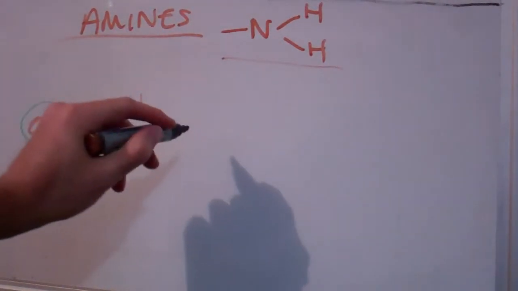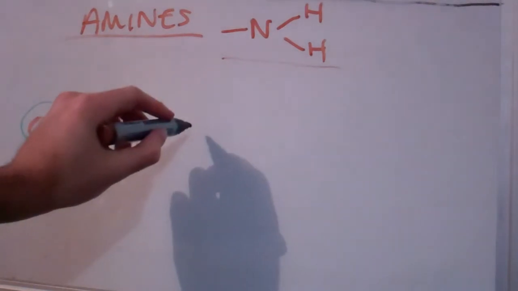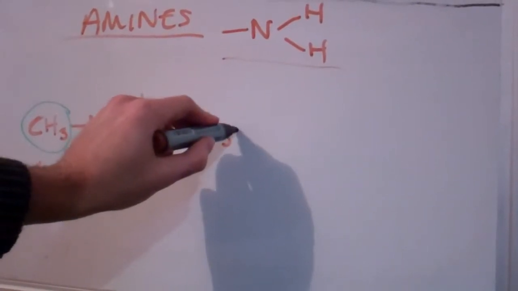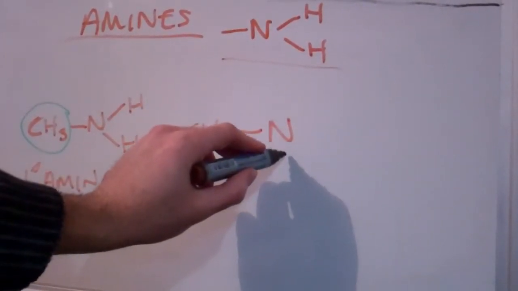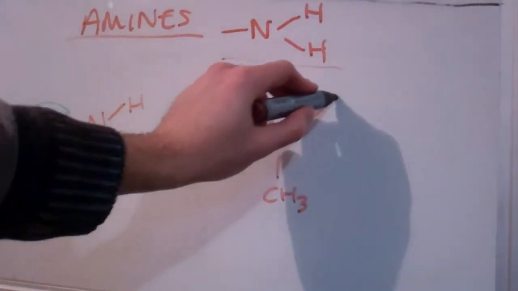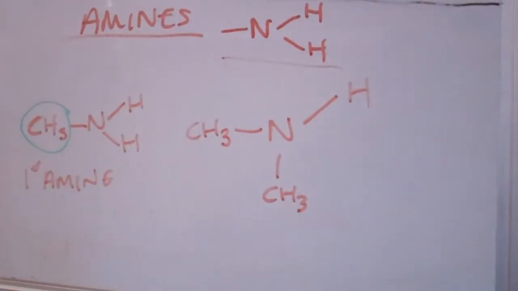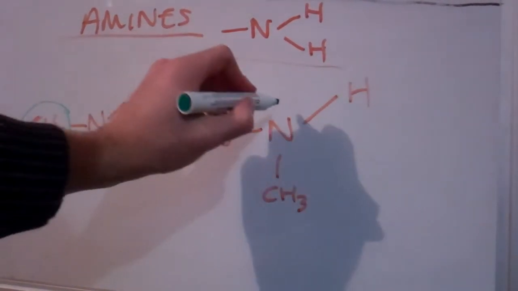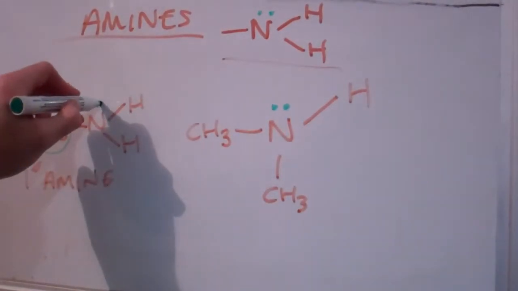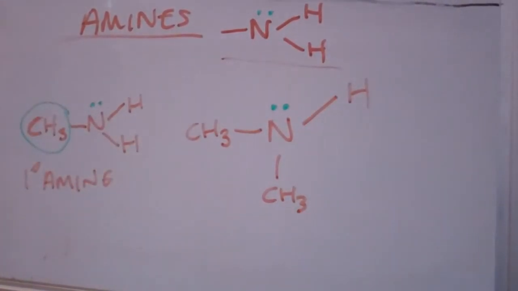A secondary amine might be something like this. There we've got CH3N, maybe we put CH3 here and H like that. Okay. Always remember when we're drawing amines to label the unbonded electrons or non-bonding electrons.